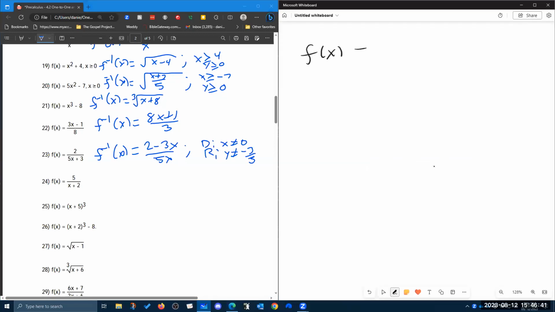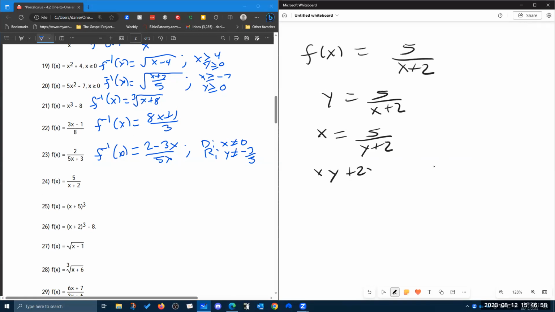F of x is equal to 5 over x plus 2. Replace f of x with y. Switch x and y. Solve for the new y.